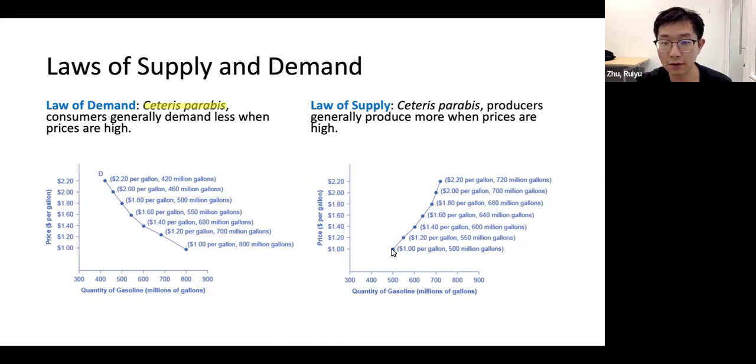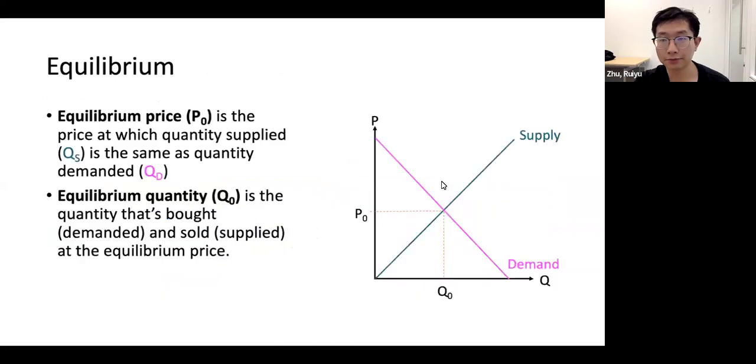So that's the upward slope of the supply. If we put demand and supply together, we define the equilibrium as the cross between our demand curve and supply curve. This cross gives us the equilibrium price P0 and equilibrium quantity Q0.